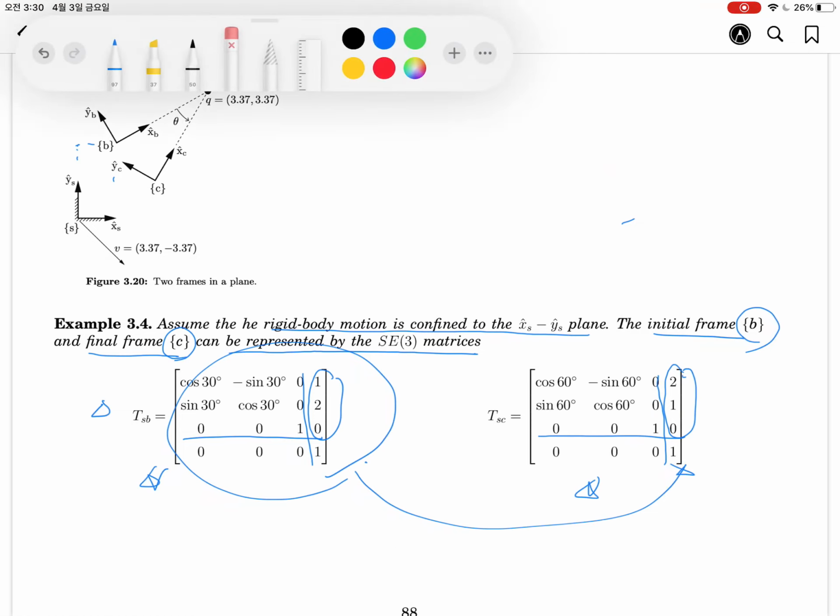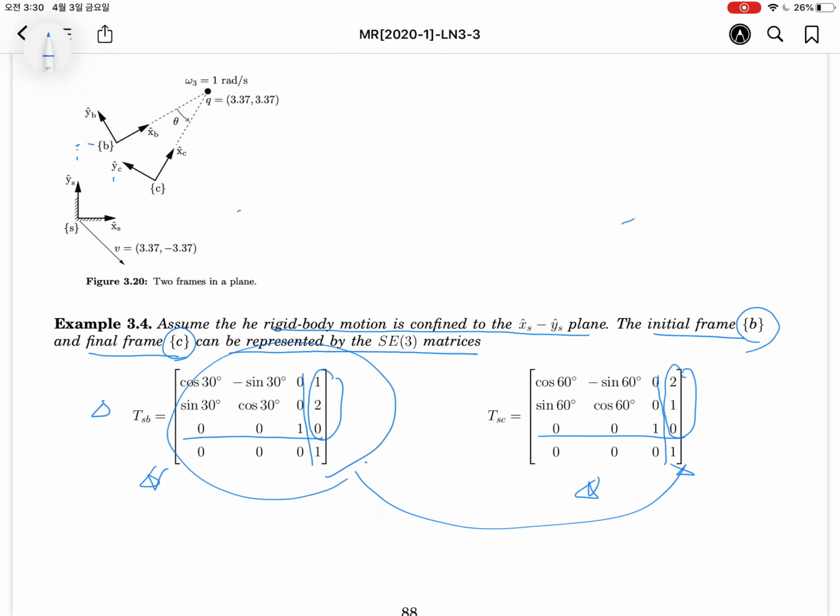Okay, here. Actually, this point is the screw axis. Here, 1 radian per second is applied.